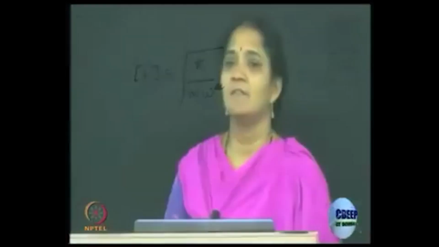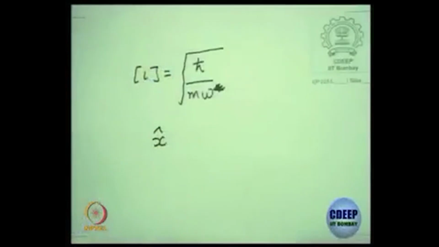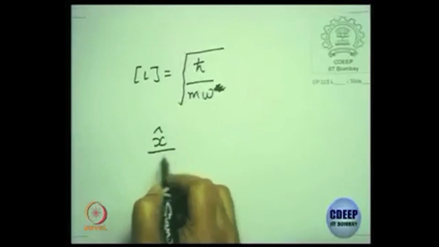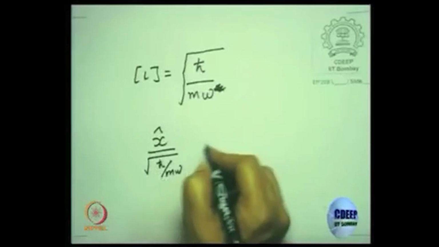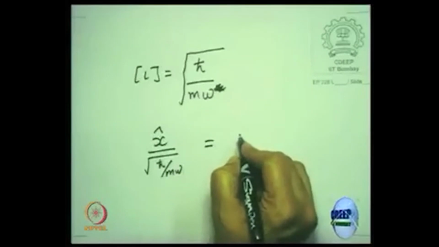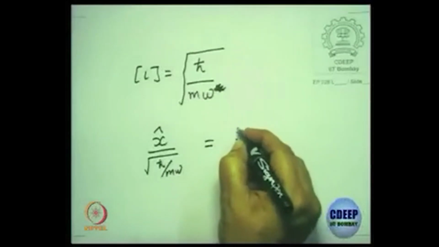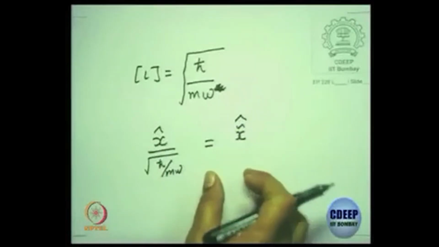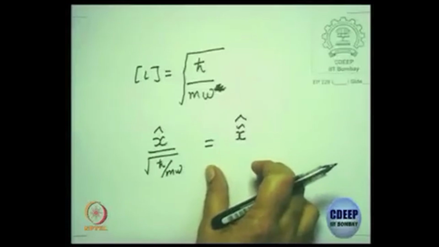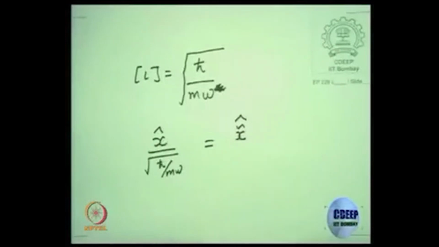So why are we doing this? Suppose we write a position operator that has length dimension. I can make it dimensionless by dividing by this length and calling it x tilde, say. Many times it's convenient to work with dimensionless quantities.